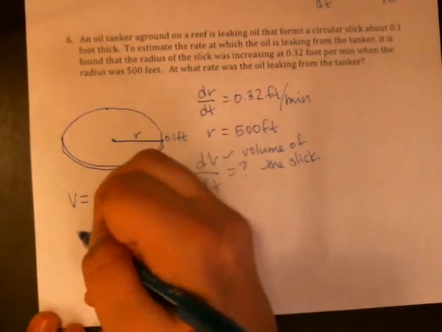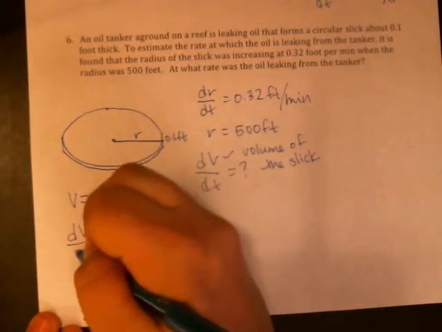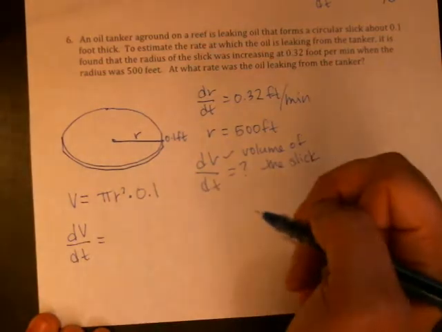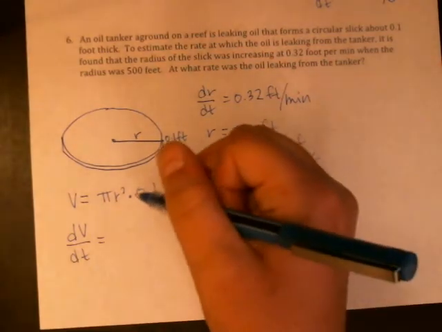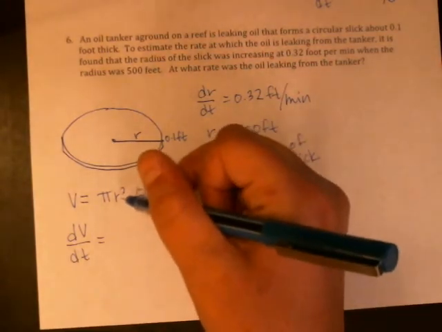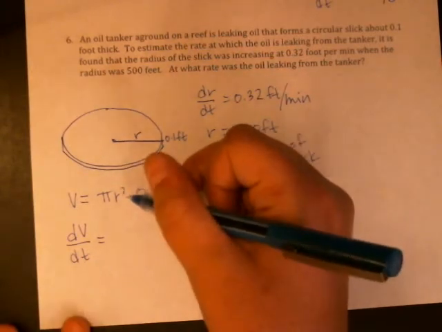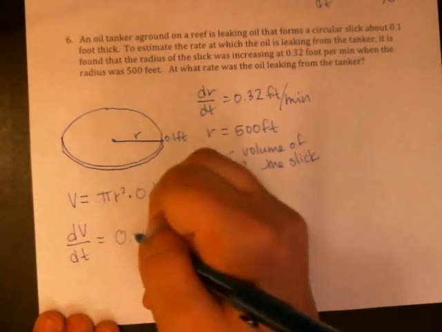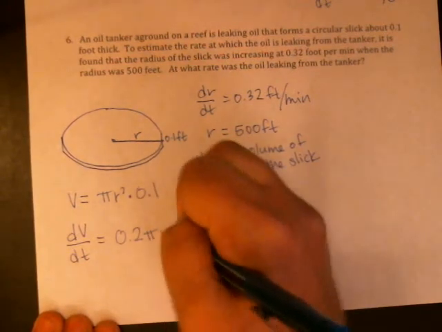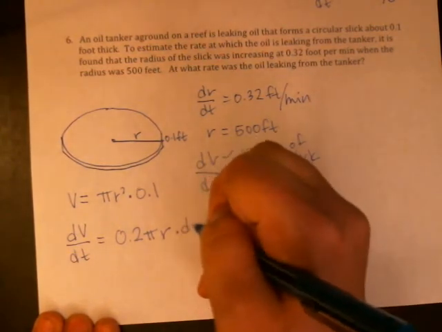And I can take the derivative of that. So the derivative of the volume function with respect to time, okay, so the r squared is the only variable stuff. The pi and the 0.1 are constant multiples. They'll come along for the ride. The 2 drops down and it actually becomes a 0.2 pi. And then it's r to the 1, and then there's a chain rule.